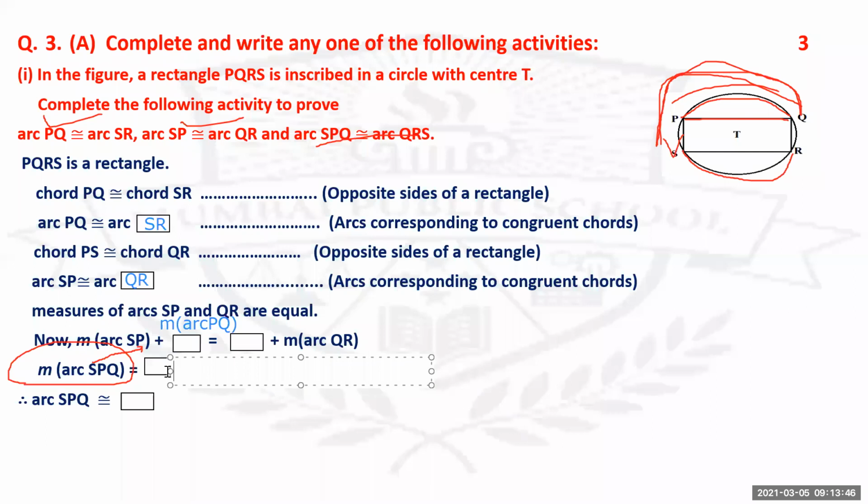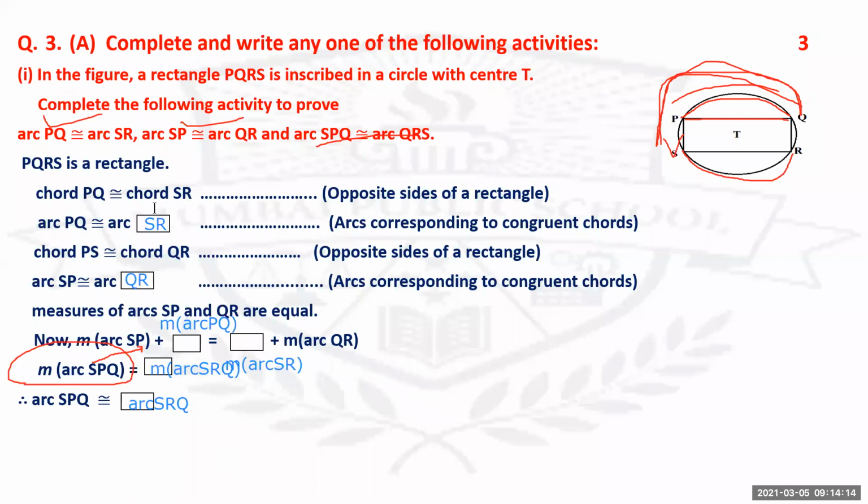It would be measure of arc SRQ. Very good. The last box, arc SPQ equals arc SRQ. Yes, very good. So very easy question.